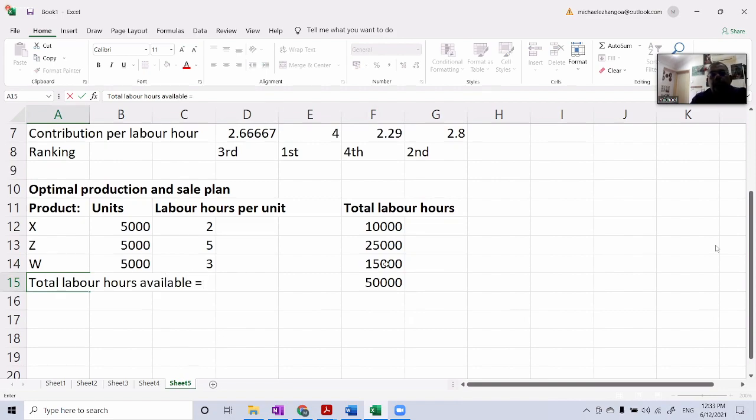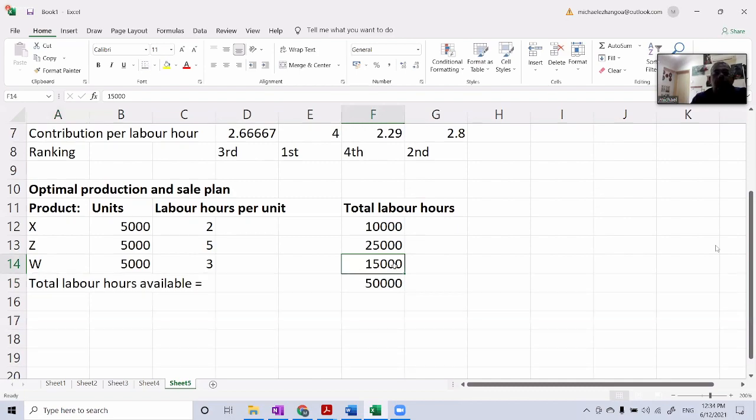But it also tells me that I cannot make the last product Y. All right, I can't make Y. I don't have enough time. Yeah, so I'll put a note to that effect.